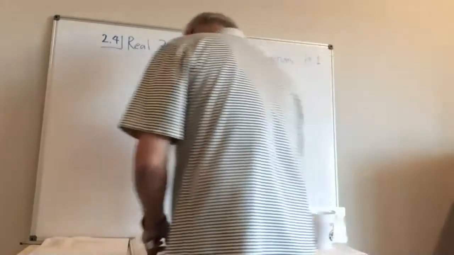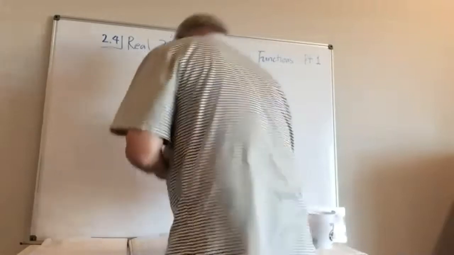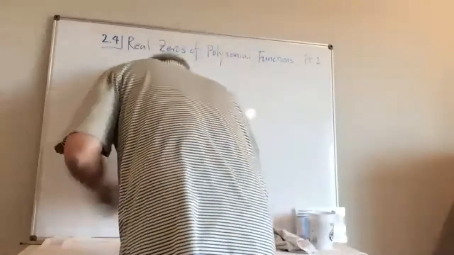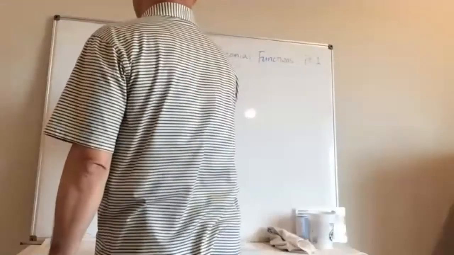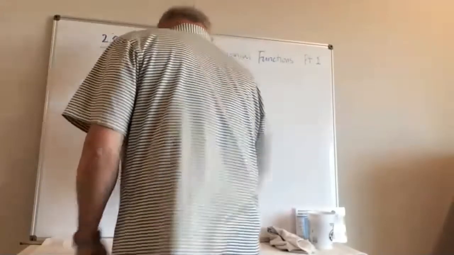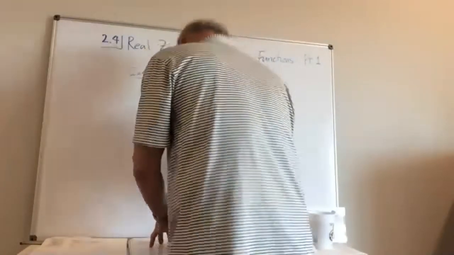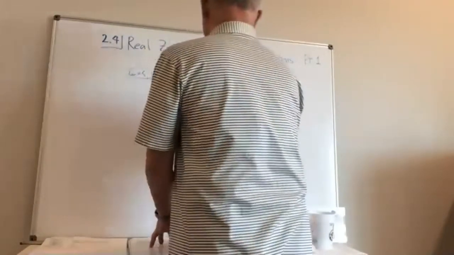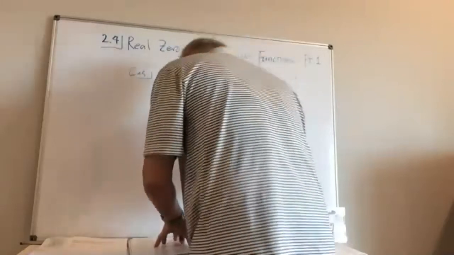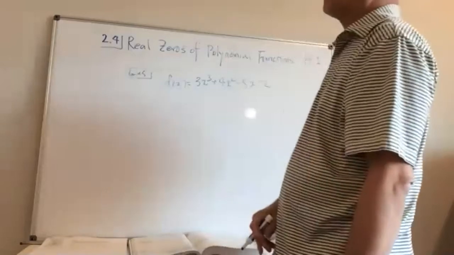Okay, so that's example number 4. Let's do example number 5. Find the rational zeros of f of x equal to 3x cubed plus 4x squared minus 5x minus 2.